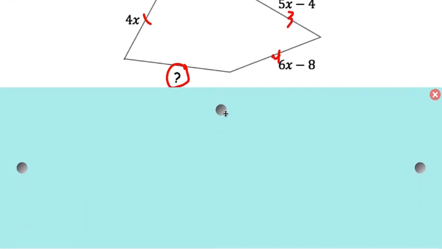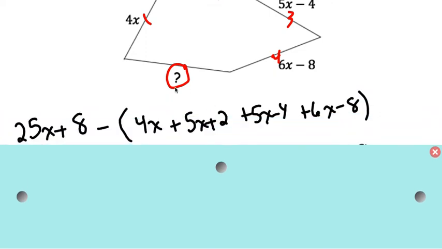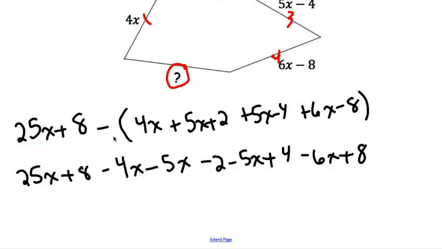Okay, so that's what I did here. I took 25x plus 8, which is my perimeter, and I subtracted the sum, 1 side plus 2 side plus 3 side plus 4 side. And I did the next step for us. I distributed that negative through, so minus 4x, minus 5x, minus 2, minus 5x, plus 4, minus 6x, plus 8. Okay, let me just recap.